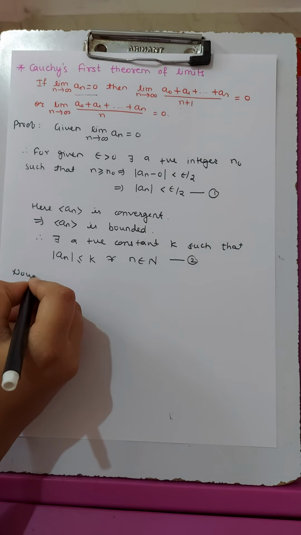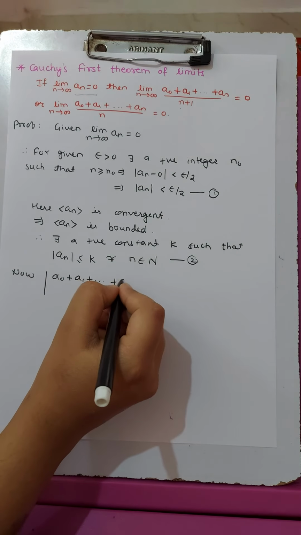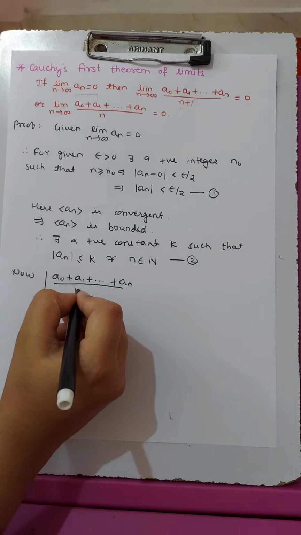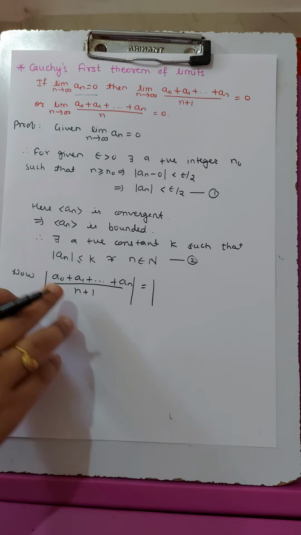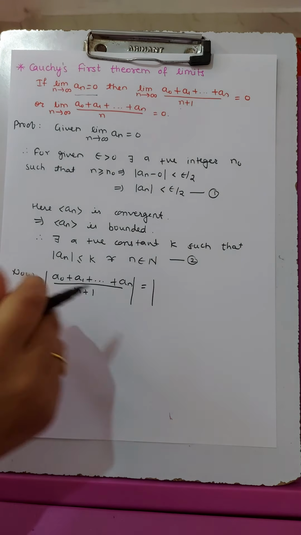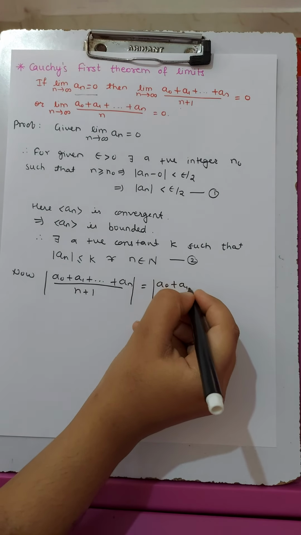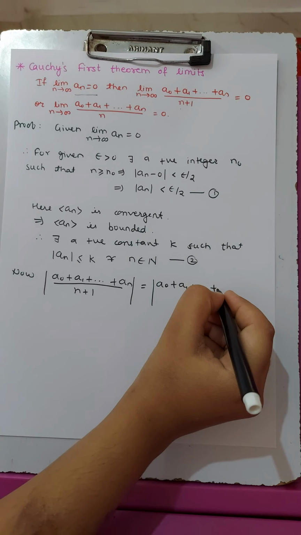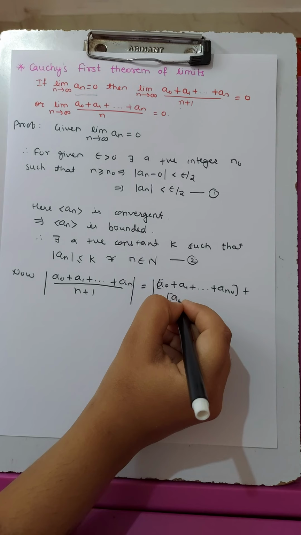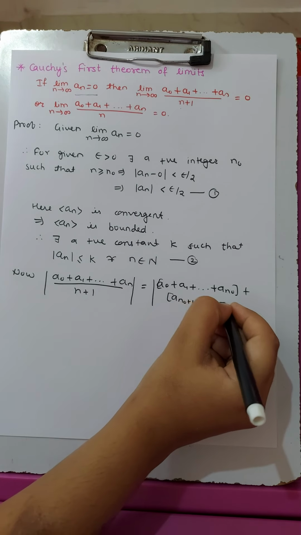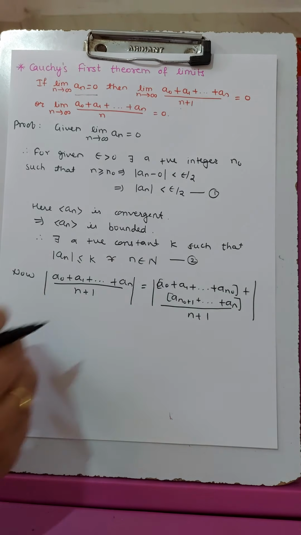Now we will consider mod of (a0 plus a1 up to an) upon n plus 1. Since n0 is less than n, we can divide this whole term as a0 plus a1 up to an0, plus then an0 plus 1 up to an, upon n plus 1.